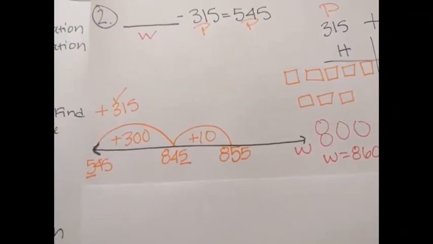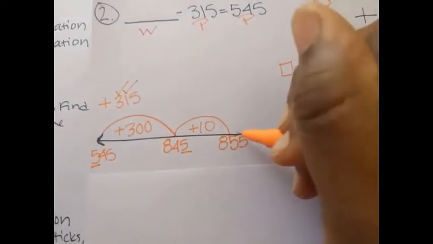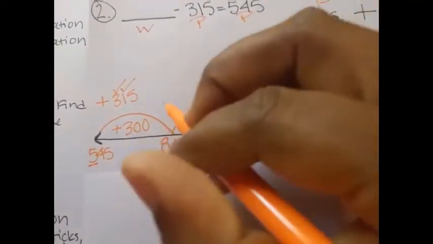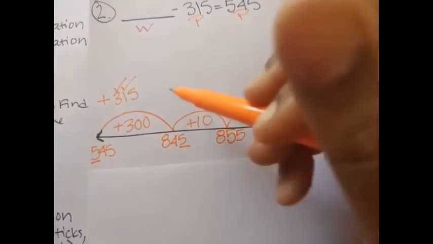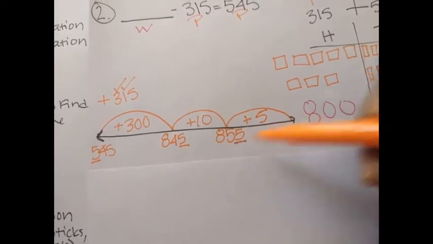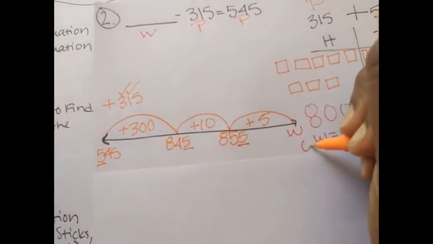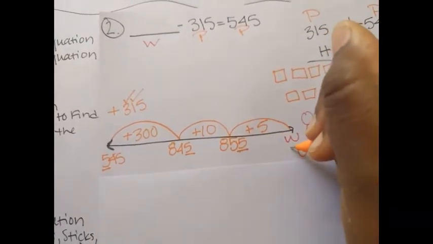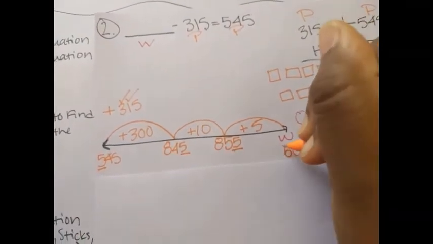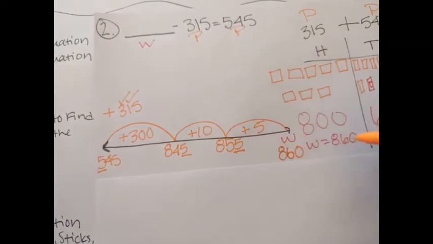Now we're ready to add our last place value with the ones. The ones place value has a 5, so we'll add a 5. And 5 plus 5 will give us a 0 on the end and the tens place value will change to a 6, and the hundreds place value will stay the same.